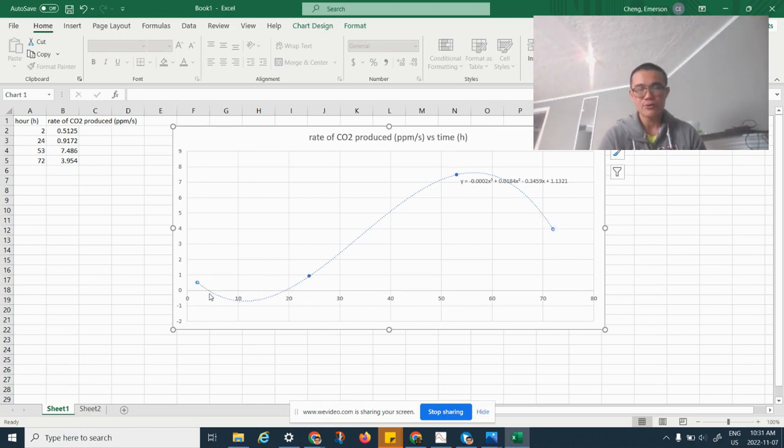Now, there is a certain part about this trend line I have not figured out how to do, so that it's a smooth line going up. There is this dip here which does not necessarily make sense. I think that is a limitation of using Excel to draw a line of best fit, because I cannot get rid of this value.